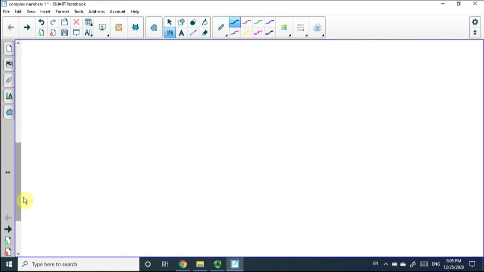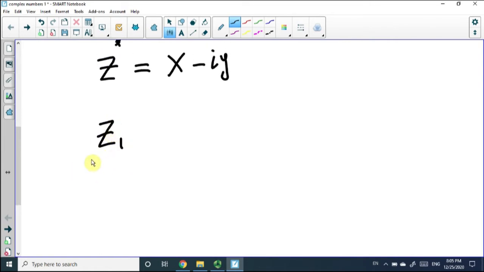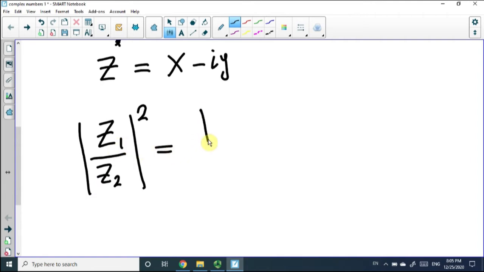If I have a complex number z1 divided by a complex number z2, and I want to calculate the absolute value square, then that's equal to the modulus square of the first number divided by the modulus square of the second. So that's one thing we can use to simplify the expression.